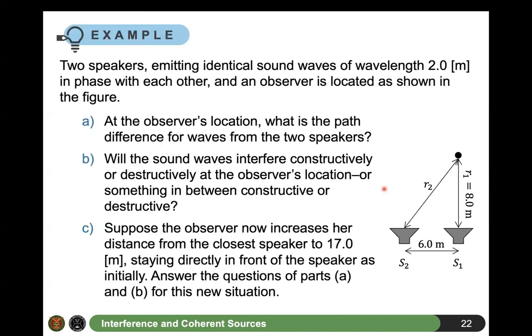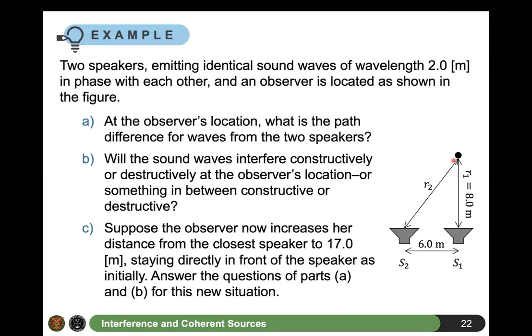Another example. Two speakers emitting identical sound waves of wavelength 2 meters are in phase with each other. So here we have S1 and S2. They are 6 meters apart. And then an observer is located as shown in the figure. So una, R1 is 8 meters.